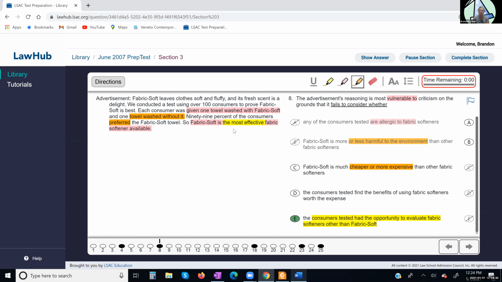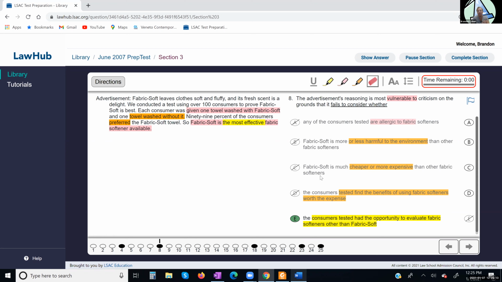So it's not bringing up anything about whether it is or is not the most effective. Okay, the consumers tested find the benefits of using fabric softeners worth the expense. This is about expense again, so it's not about effectiveness. Okay, so since there is this secondary mistake, I want to point out that I said that preference means effective, but A through D don't really hit on that.